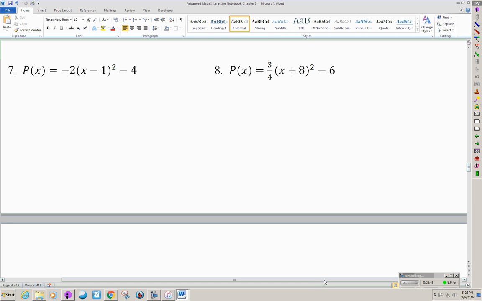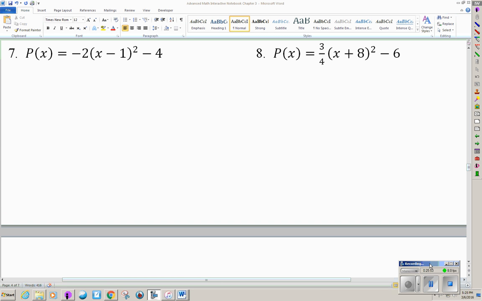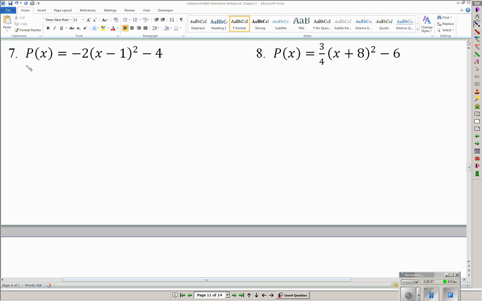These are misnumbered, obviously, because this is another 7 and 8, but that's okay. For this one, p of x equals negative 2 parentheses x minus 1 squared minus 4. The vertex, change the h, that'll be a positive 1. Keep the k, negative 4.